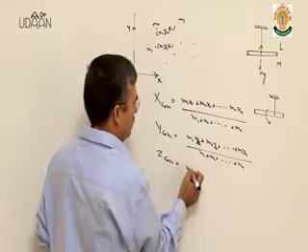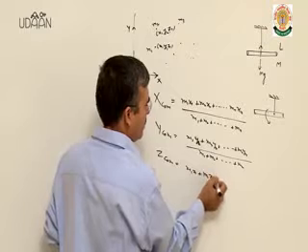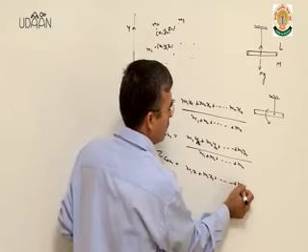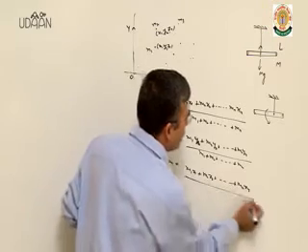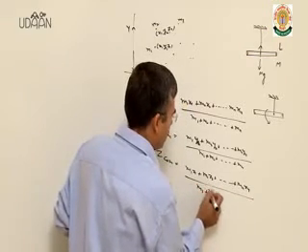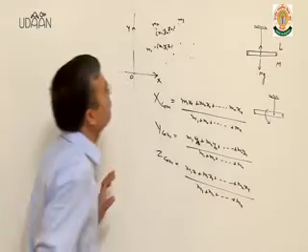Similarly, z-COM is m1z1 plus m2z2 and so on plus mnzn divided by the total mass of the system. Clear?